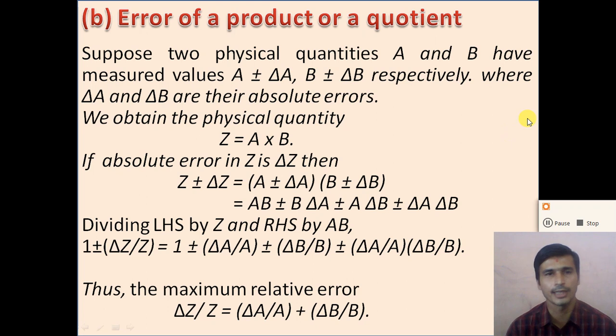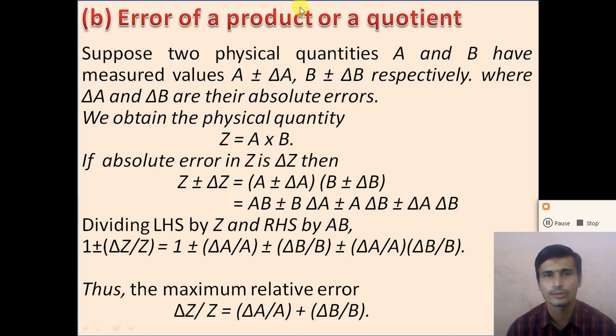Now the next point is the error of a product or a quotient. What will be the error produced when two or more physical quantities are multiplied or divided? When two physical quantities are multiplied, what will be the error in the final result?